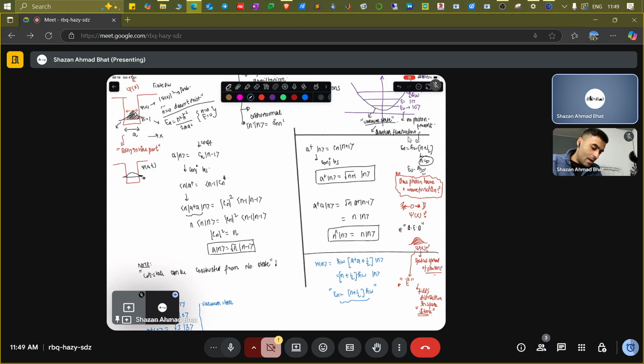And once it leaks, with time you're going to see the wave function like this, and it'll just decay and maybe leak out of the well.